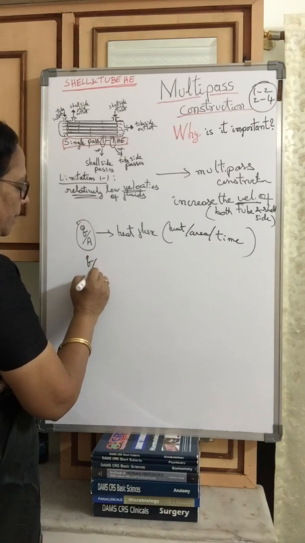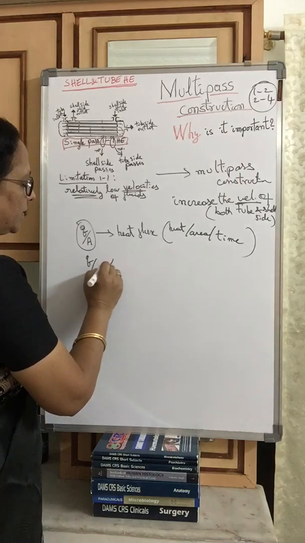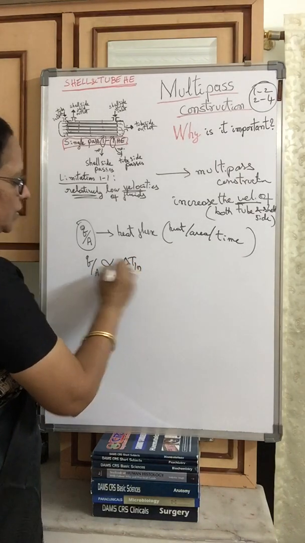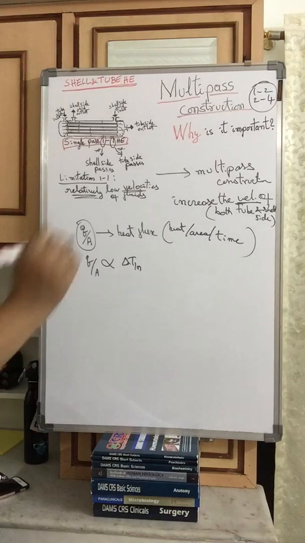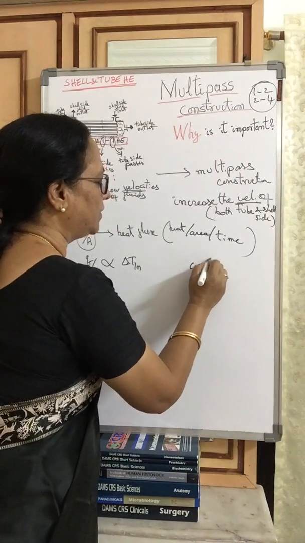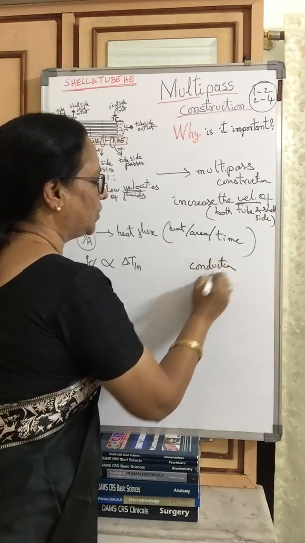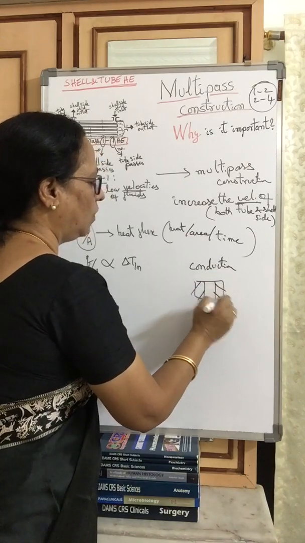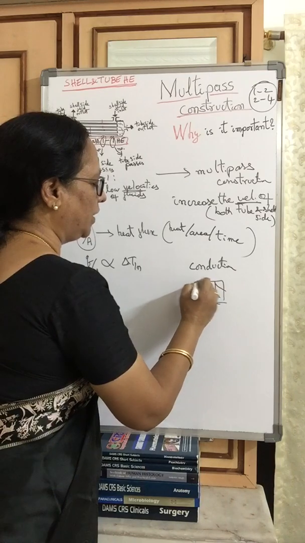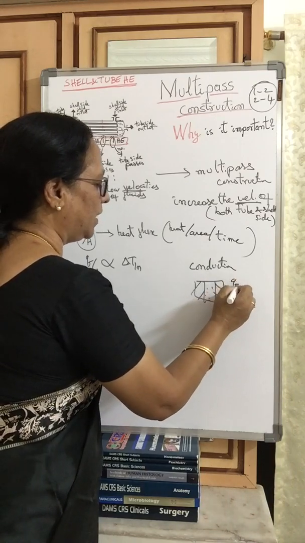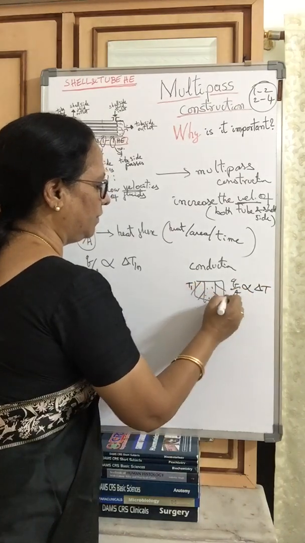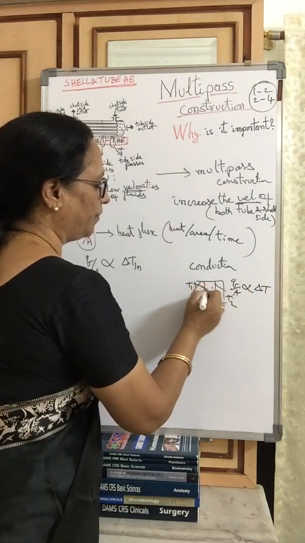As we know from the basics, Q by A is directly proportional to delta T log mean in the shell and tube heat exchanger. In conduction, if you have a series of walls, then Q by A is directly proportional to delta T, here T1 minus T2.